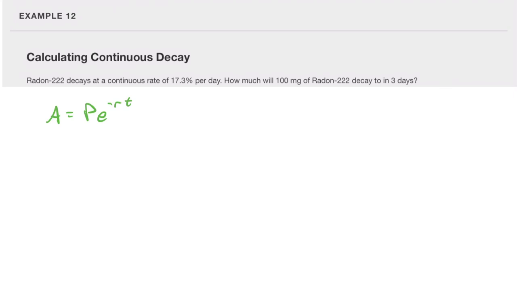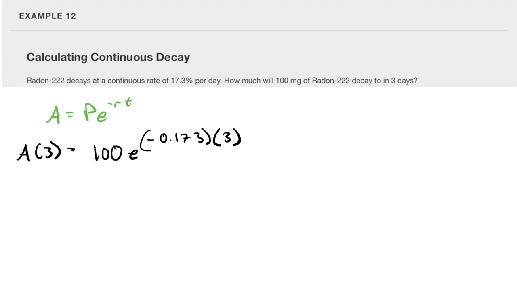So then we're saying the amount that remains after 3 days. How much are we starting with? Oh, there it is, 100 milligrams. E to the rate. If that's 17.3%, it should be negative 0.173 times 3.